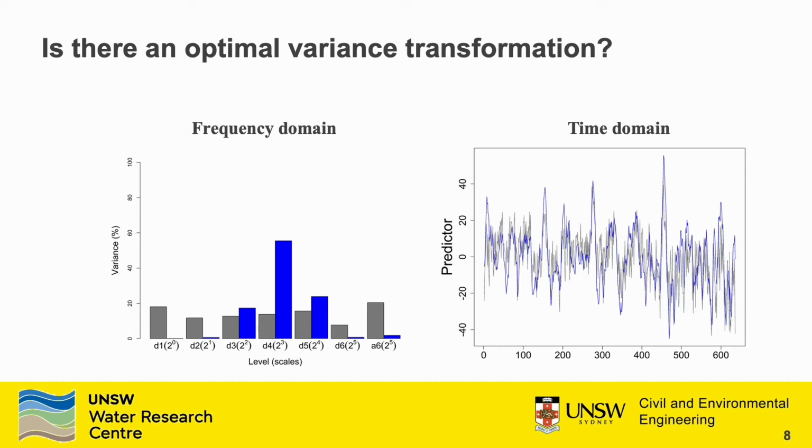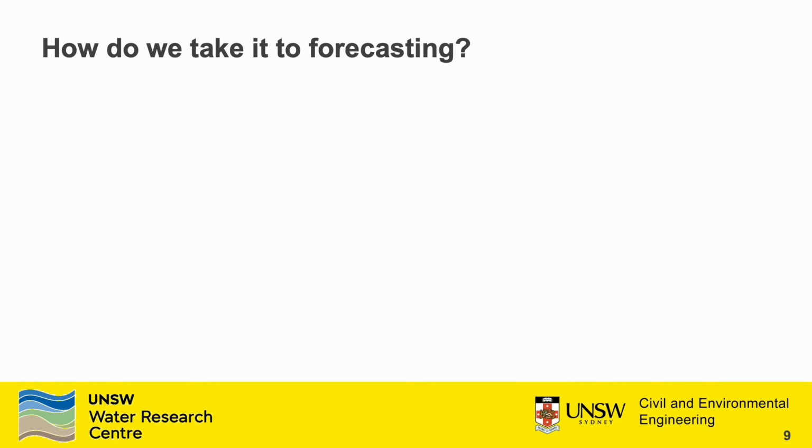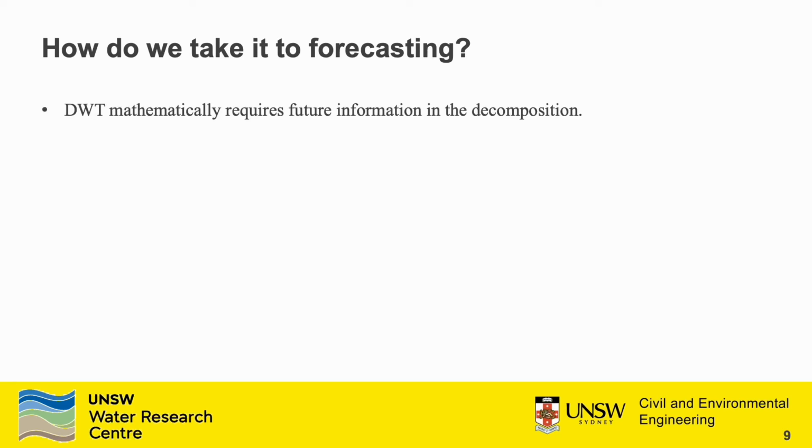Let's wait a moment, since there is a problem we need to address before this method can be used for forecasting. As I mentioned earlier, we adopt a wavelet transform, more specifically, discrete wavelet transform, to characterize the spectrum of variables. And the problem arises from the mathematical basis of discrete wavelet transform, because it requires future information in the decomposition.